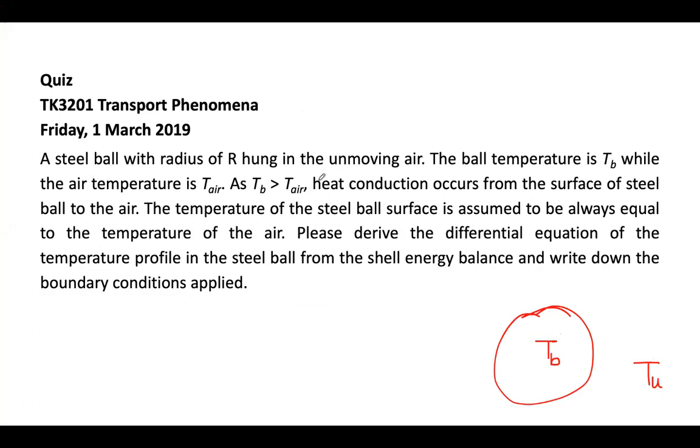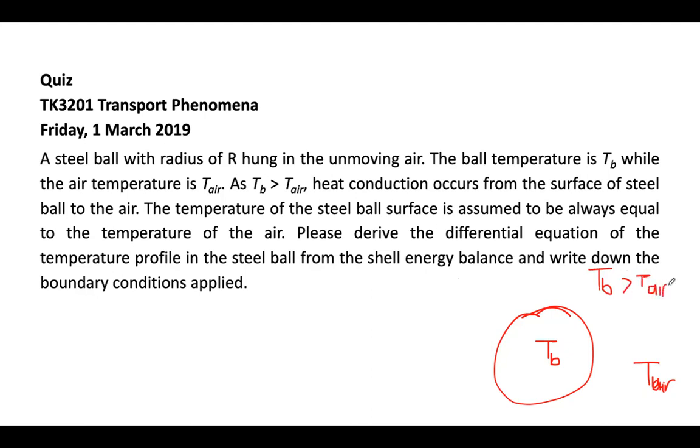And then, okay, the air temperature is the TU or T air, and as the TB is larger than the T air, the heat conduction will occur from the surface of the steel ball to the air. Because this one is hotter, the TB is larger than T air.